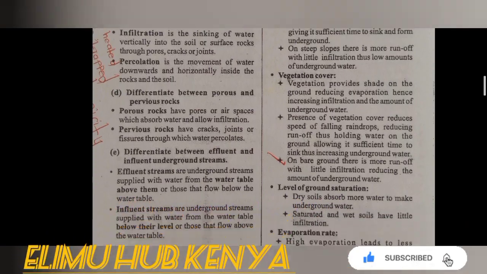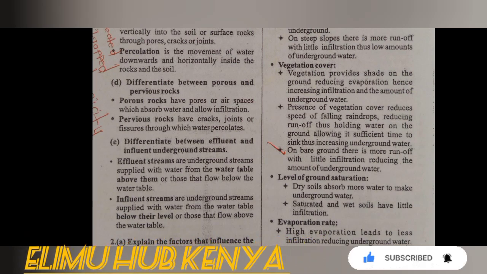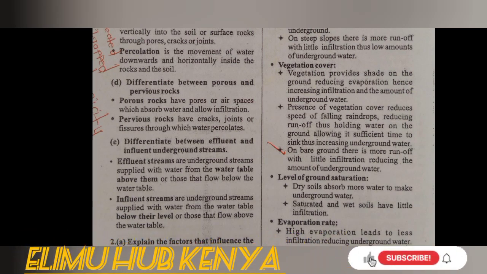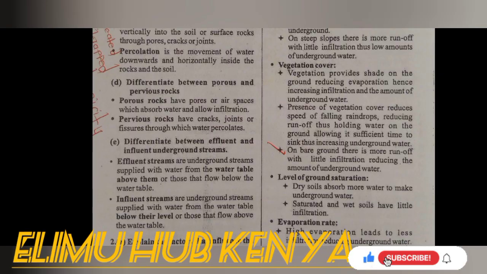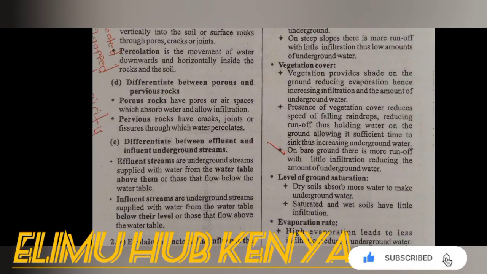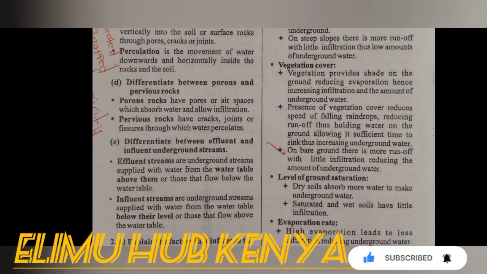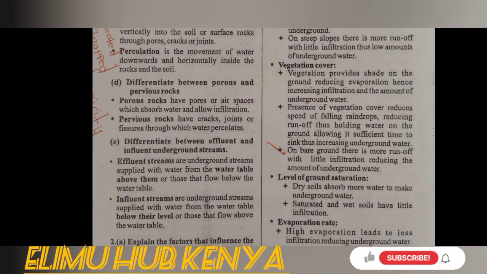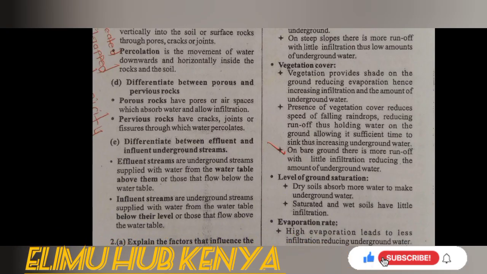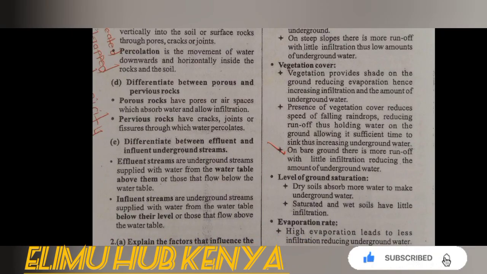The other factor is the vegetation. Now, the presence of vegetation cover normally tends to reduce the speed at which water moves on the earth's surface. Vegetation normally provides shade on the ground. Number one, it reduces evaporation, hence increasing the rate of infiltration, and the overall result is more underground water.